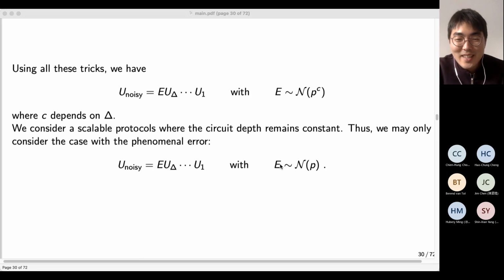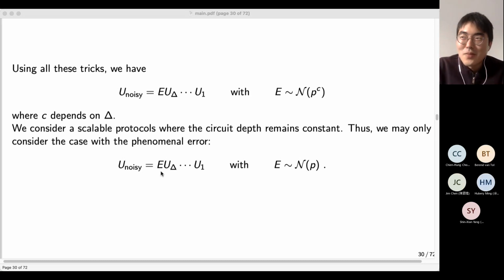So we will just say, okay, U noisy is just affected by local stochastic noise of strength P. And many people call this error the phenomenological error. And we sort of reduce the problem of general circuit level noise into the phenomenological error problem.